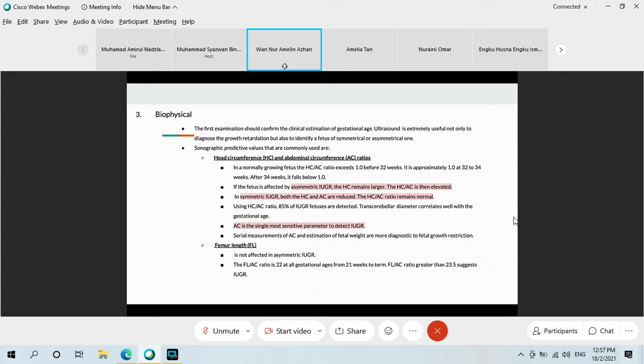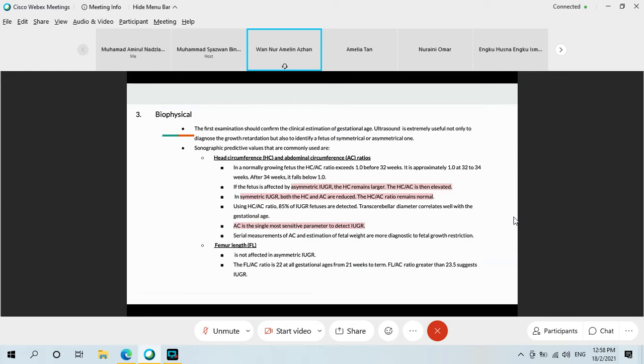Okay, for HC/AC ratio, in a normally growing fetus, the HC/AC ratio exceeds 1.0 before 32 weeks, and during 32 to 34 weeks, the ratio is approximately 1.0. But after 34 weeks, the ratio will fall below 1.0.